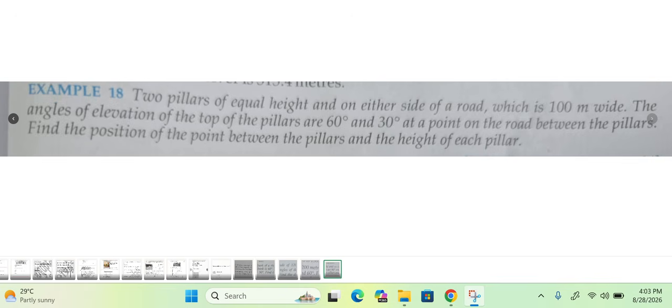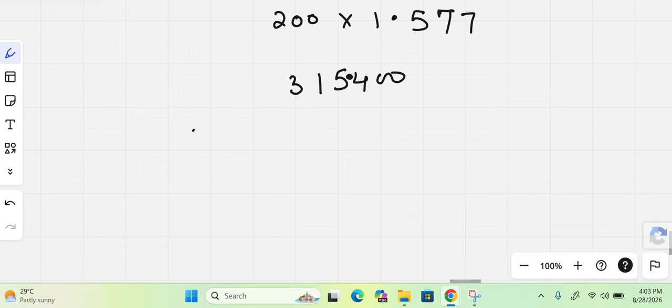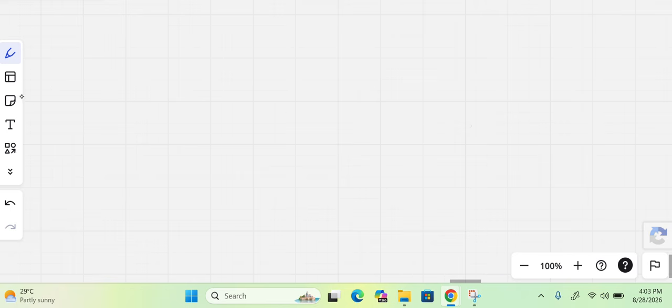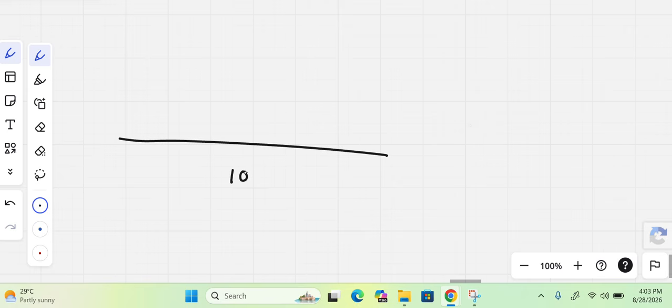Did you write the question? Kids, have you written the question? What is happening? We have a road. This is our road, which is 100 meters wide. Now, two pillars of equal height are on either side of the road.